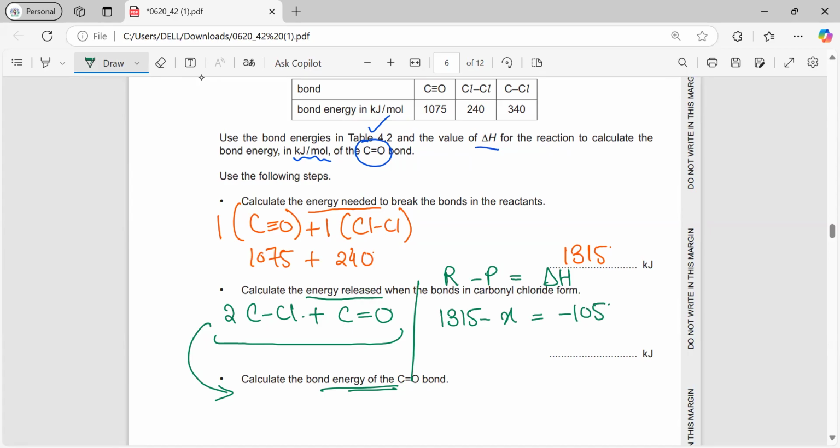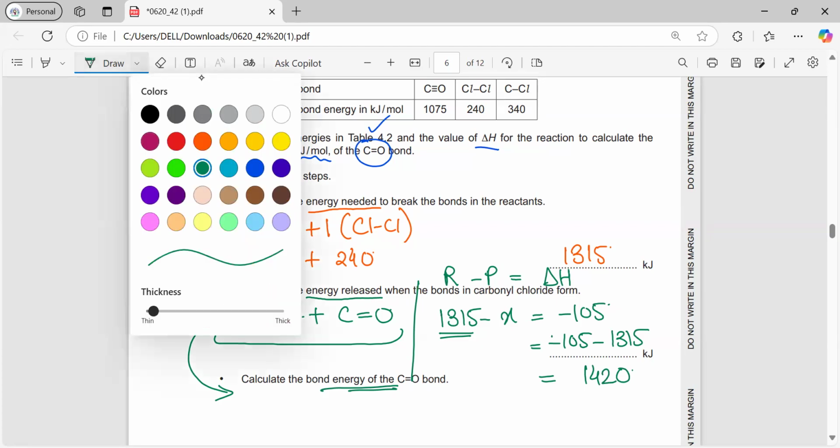So we'll take this 1315 on the other side. So it will be minus 105 minus 1315. We'll calculate it and the answer comes out to be 1420. So this is the answer, 1420, of the second section.